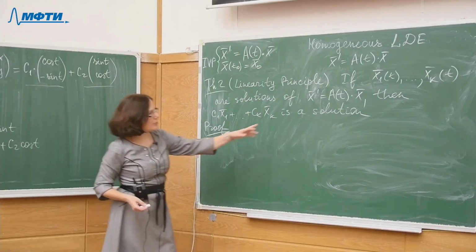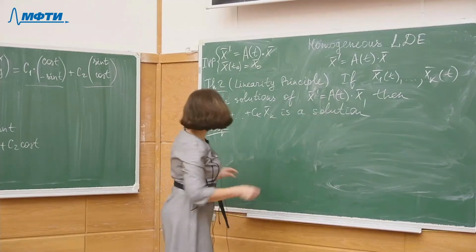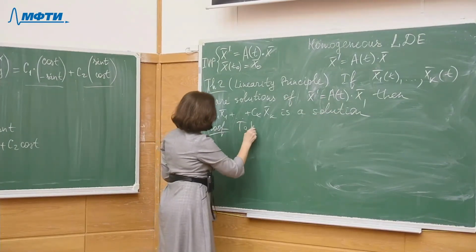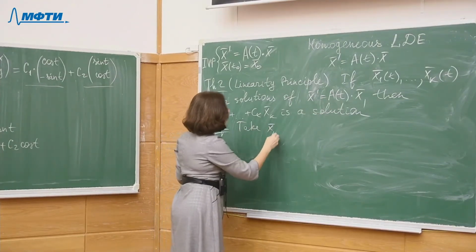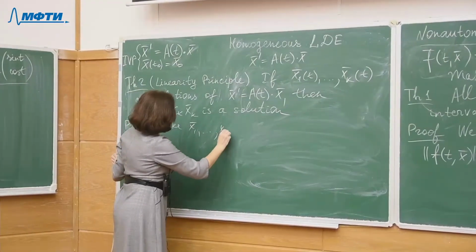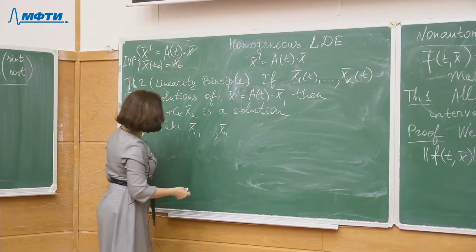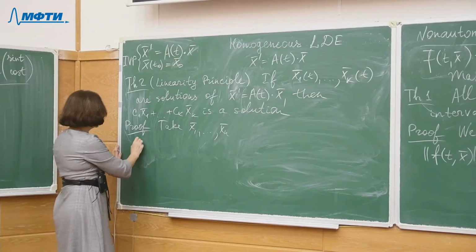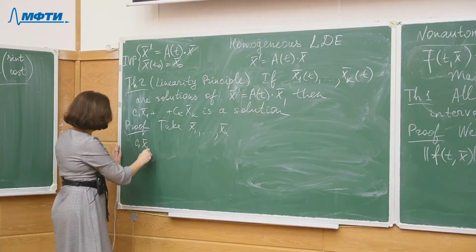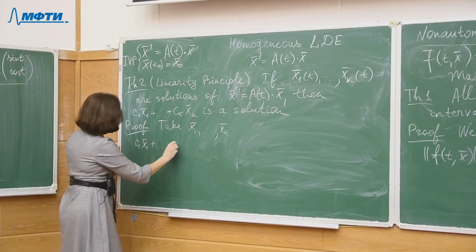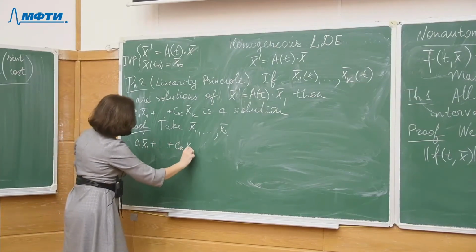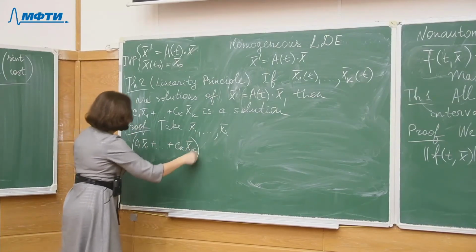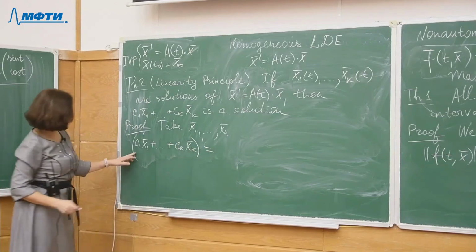Okay, so let's take the vectors x1, ..., xn, depending on t, of course. Then take their linear combination and try to find its derivative. Let's differentiate this.